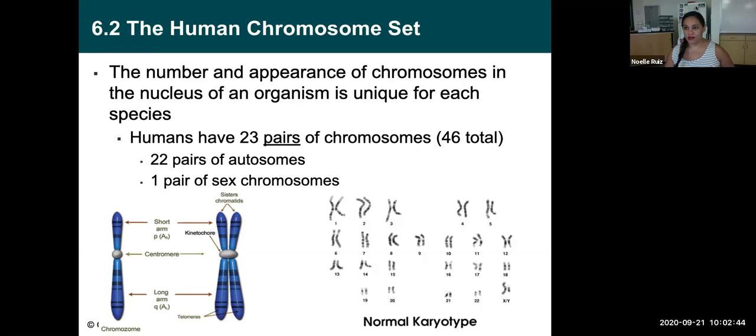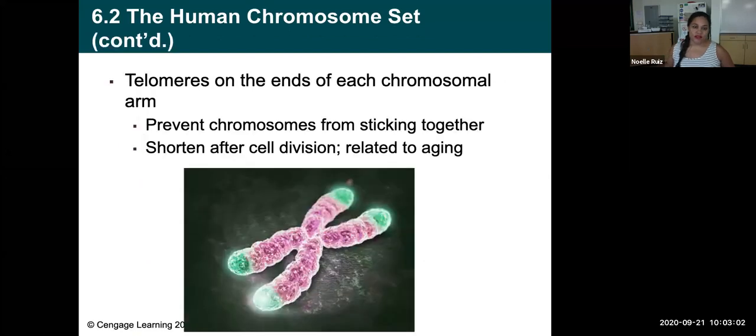So now we're going to go a little bit further and you're going to learn more about chromosomes. There's a long arm and a short arm, and they look different ways. Some of them are longer, some of them are shorter, and they have different names. Telomeres on the end of each chromosomal arm prevent chromosomes from sticking together.